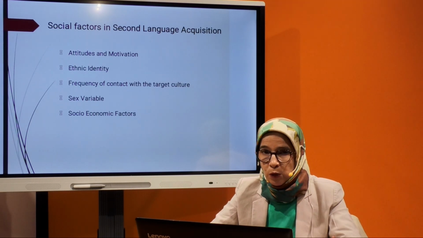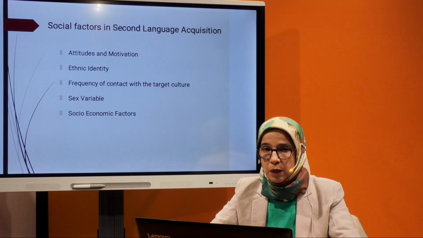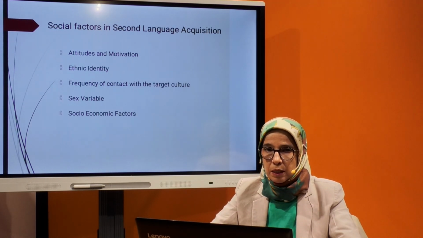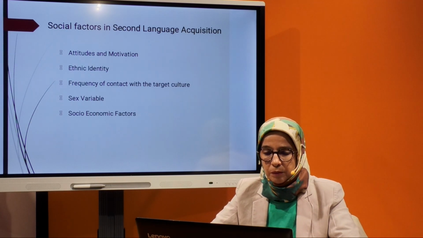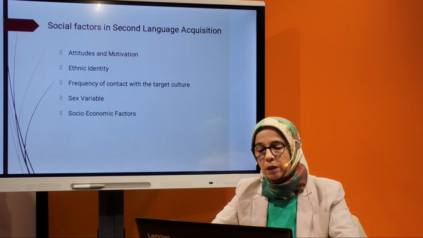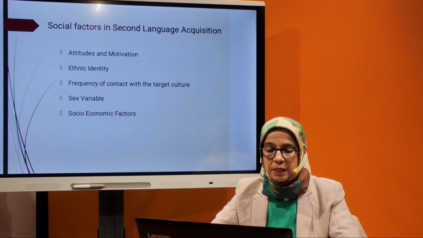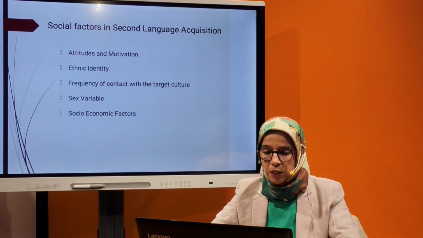For some researchers, this is an important step to facilitate the acquisition of a second language or a foreign language. So for Schumann's acculturation model, language competence is developed in a parallel way with acculturation.